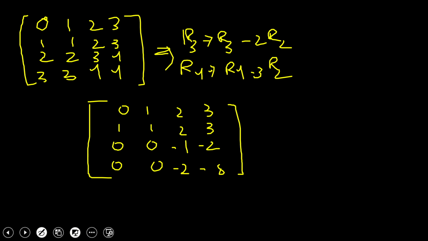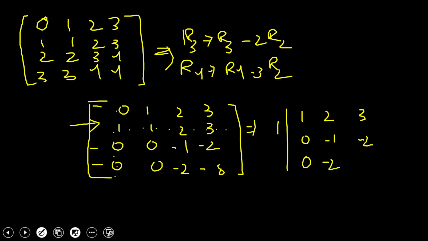So you know that this is 0, this is 0, this is 0, only this part is left, so we will consider only this one. We have to omit this one and omit this one. This should be written like this in matrix form: 1 2 3, 0 minus 1 minus 2, and 0 minus 2 minus 8.